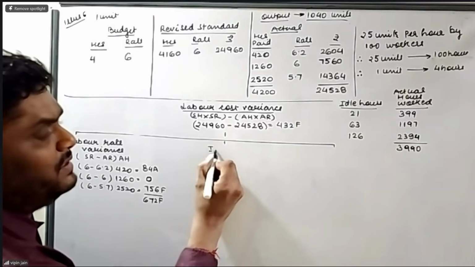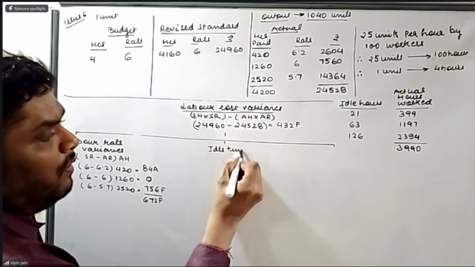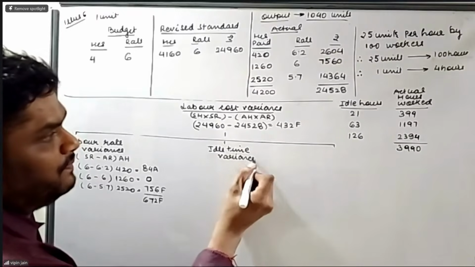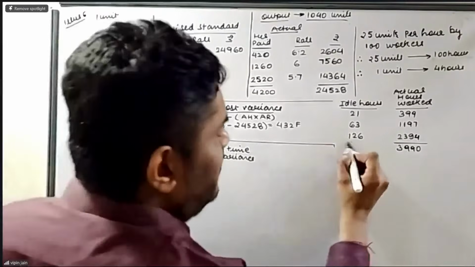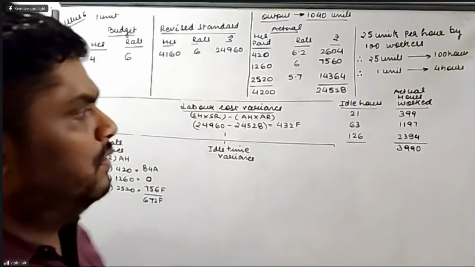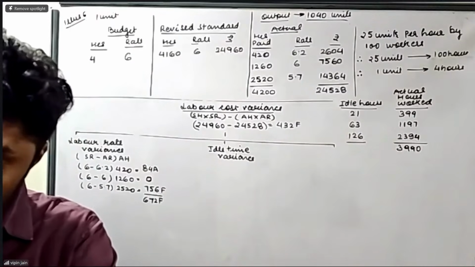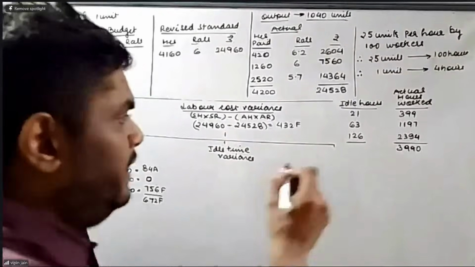Idle time variance. Total idle hours are how much? 210, right?